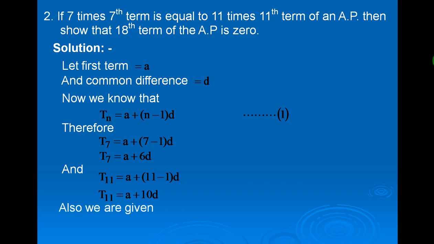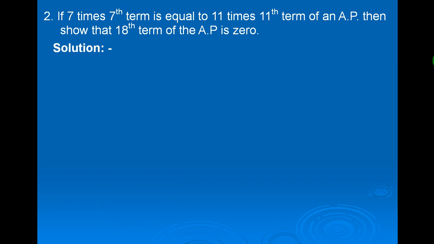Also we are given 7 times the 7th term is equal to 11 times the 11th term. So putting the values of T7 and T11, we get 7 into (A plus 6D) is equal to 11 into (A plus 10D). Open the bracket: 7A plus 42D is equal to 11A plus 110D.